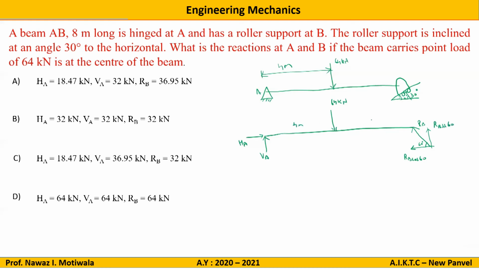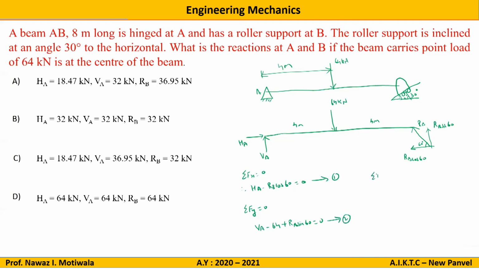Now I can apply the conditions of equilibrium. So I will get summation of Fx is equal to 0: HA minus RB cos 60 is equal to 0. Then I will write summation of Fy is equal to 0: VA minus 64 plus RB sin 60 is equal to 0. Let this be equation 1 and this be equation number 2.